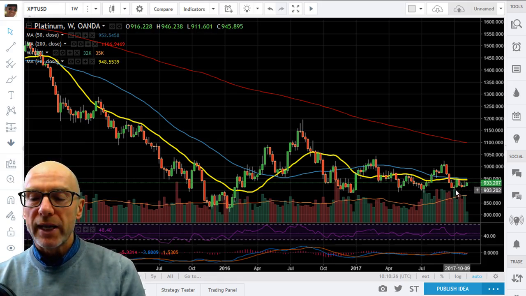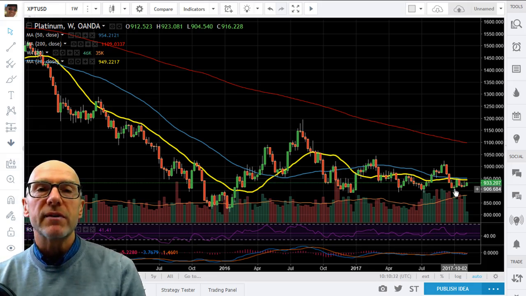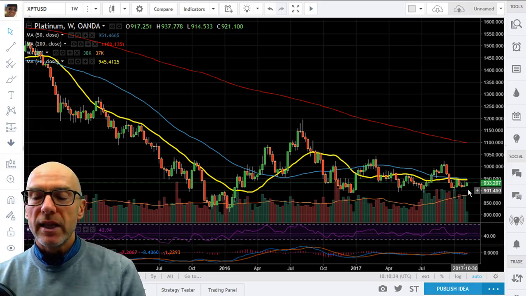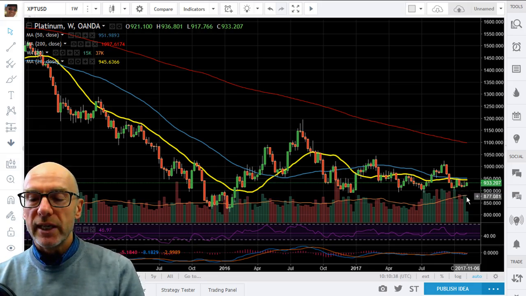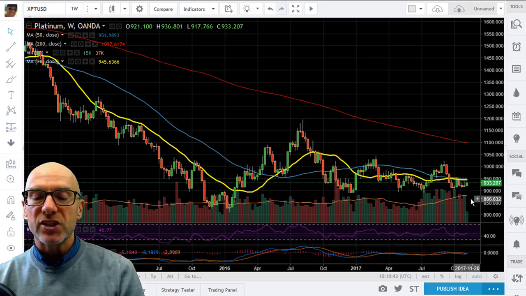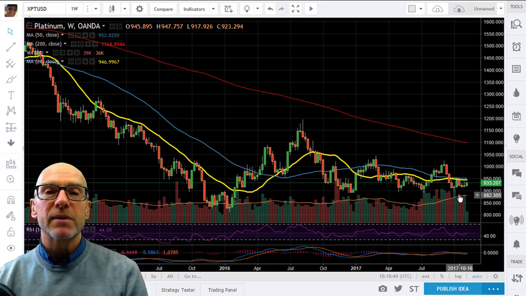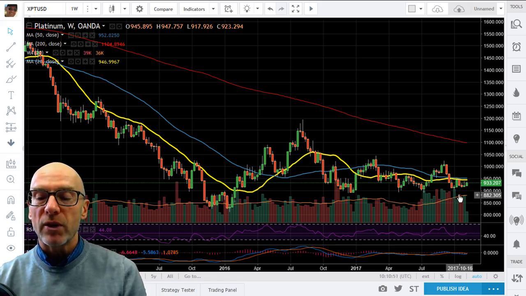If we were to break down below 904, which was the support from the week of 2nd of October, then that would confirm that head and shoulders picture, and really we'd be looking at a move down towards the 860s and even the support that came in back in 2015 below the 850 level. So there's that bearish scenario in the background.